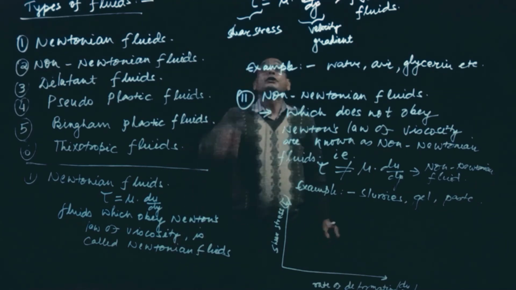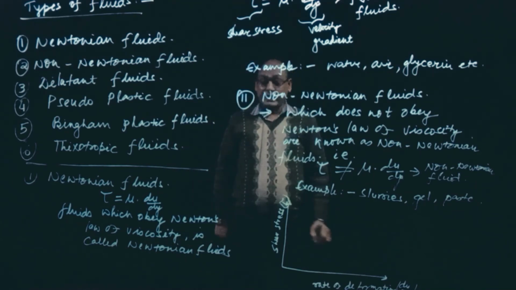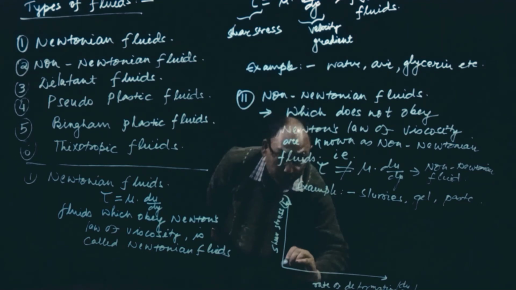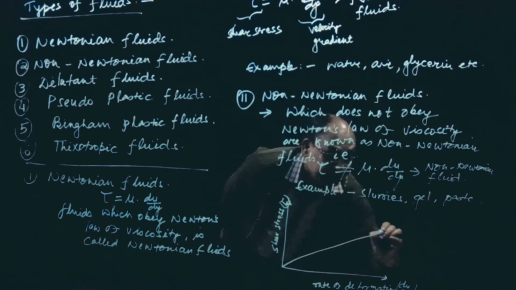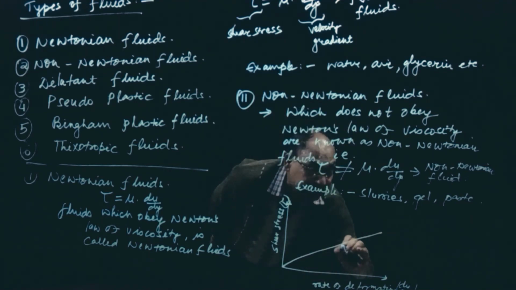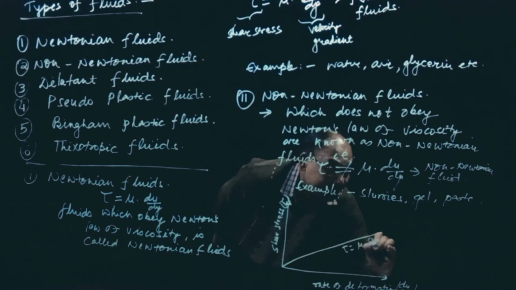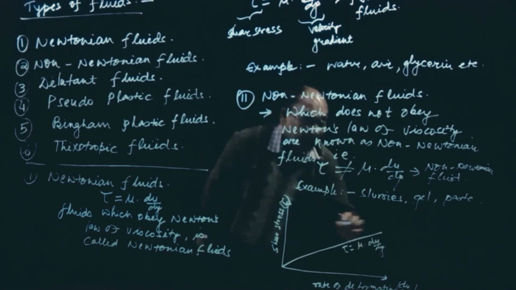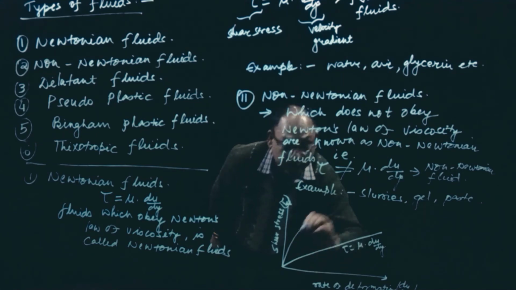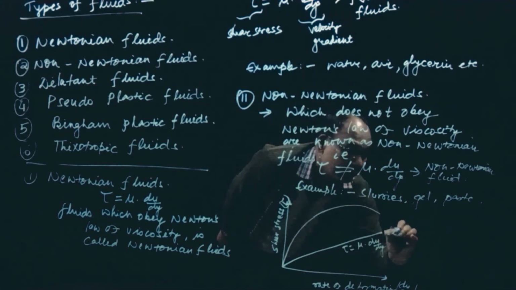Whenever we draw the Newtonian fluid and non-Newtonian fluid diagram, the Newtonian fluid figure will be like this, tau is equal to mu du by dy, and the non-Newtonian fluids are this.